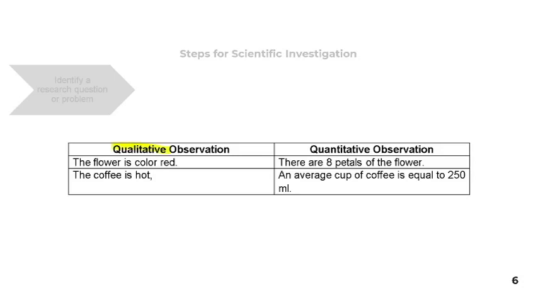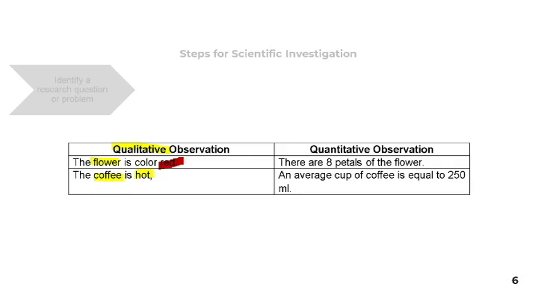From the qualitative observation, the first example, the flower is color red. Next one, the coffee is hot.